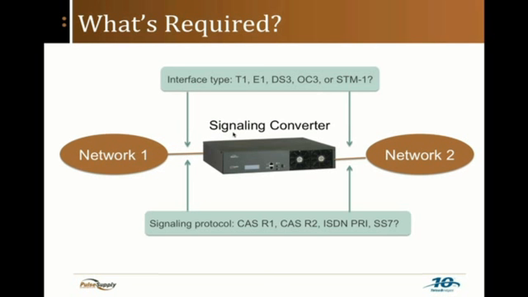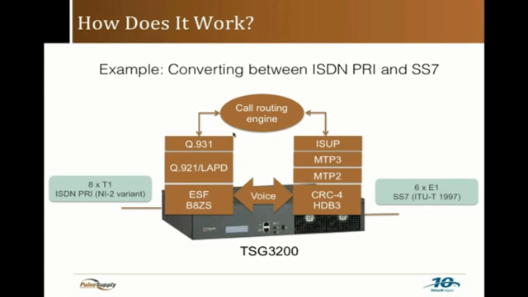So when you're looking for a solution to adapt these networks or devices together, this is the basic information that you need, such that the appropriate solution can be found and provided in order to achieve the connection.